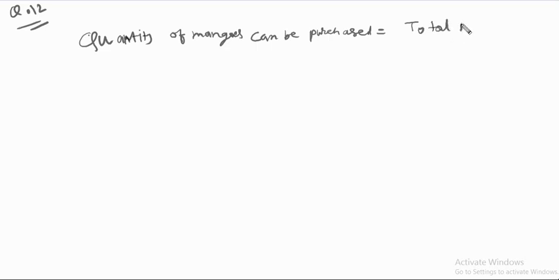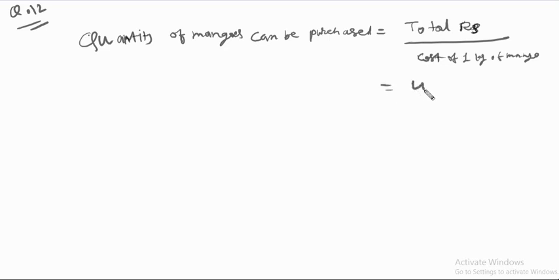total amount, or rupees, whatever you want to read, total rupees upon cost of 1 kg of mango.